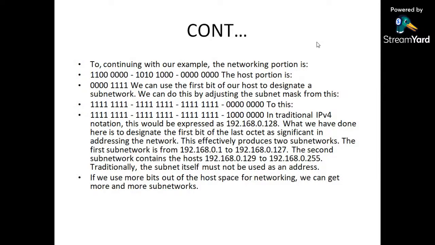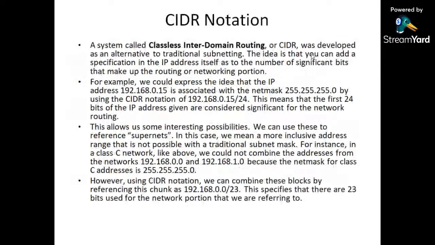The second subnetwork contains the hosts 192.168.0.129 to 192.168.0.255. Traditionally the subnet itself must not be used as an address. If we use more bits out of the host space for networking, we can get more and more subnetworks. Thus we find this example of subnetting.